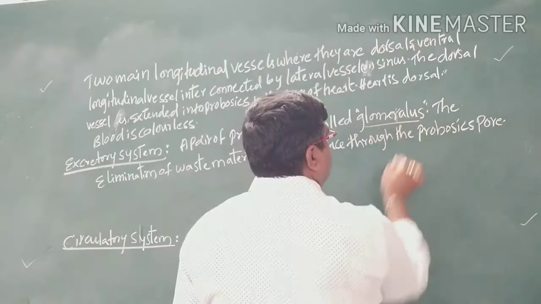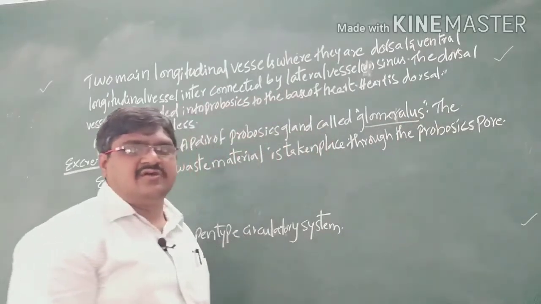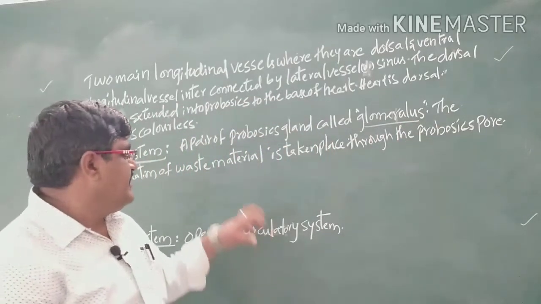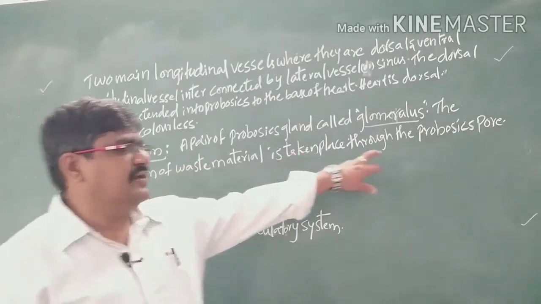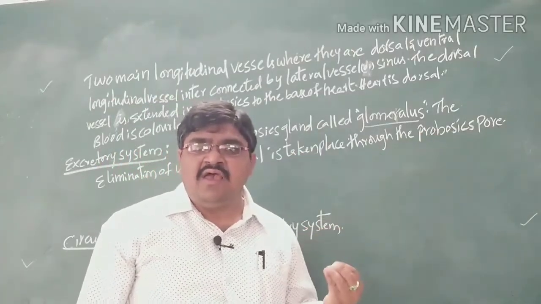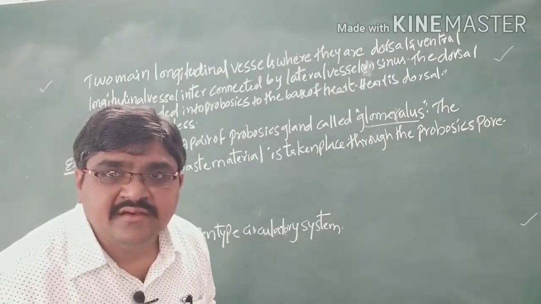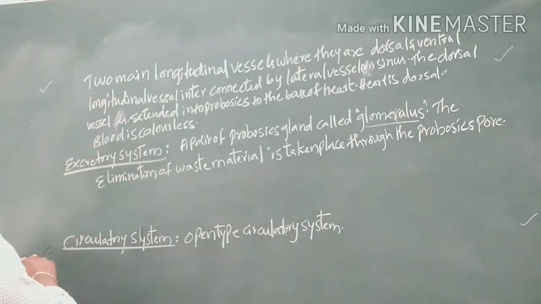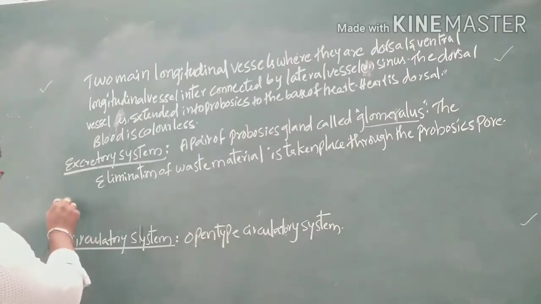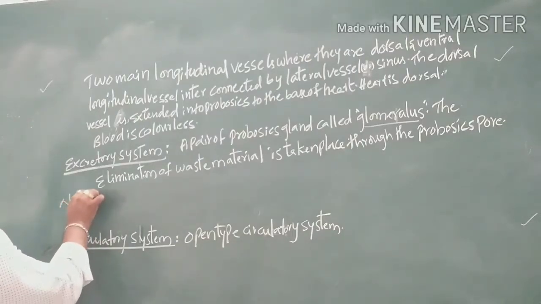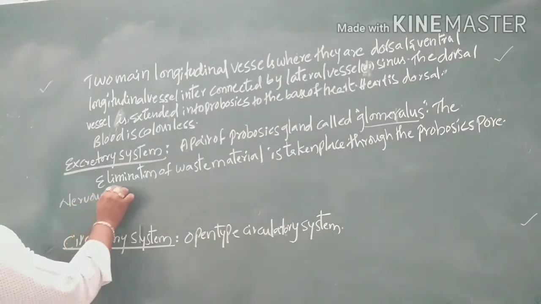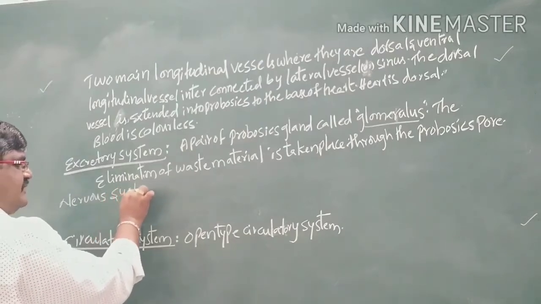With the help of the glomerulus, the excretory organs, the elimination of waste materials takes place through the proboscis pore. Next, coming to the nervous system.